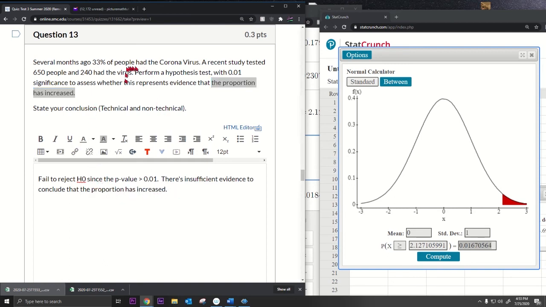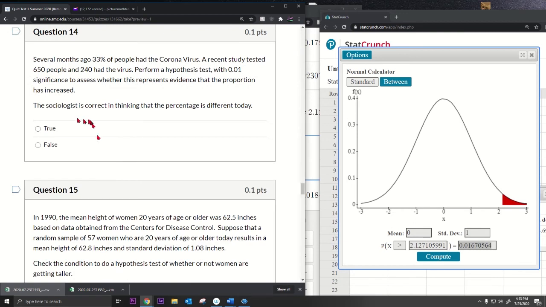The proportion has increased. Well, I could get into more detail here. The proportion of what? Of people with the coronavirus? Insufficient evidence to show that the proportion of people with the coronavirus has increased. There you have it. That's the conclusion.